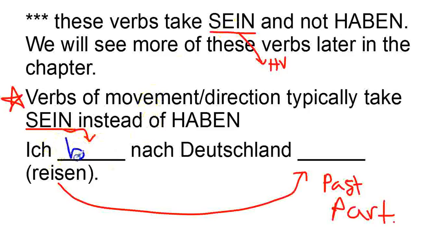Ich bin, du bist, sie, es ist, wir sind, ihr seid, sie sind. Ich bin nach Deutschland gereist. So wandern and reisen are two regular ones that take sein.